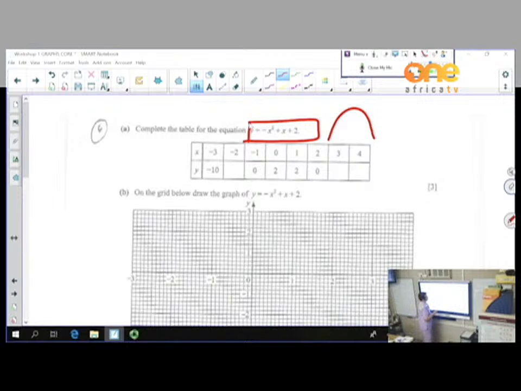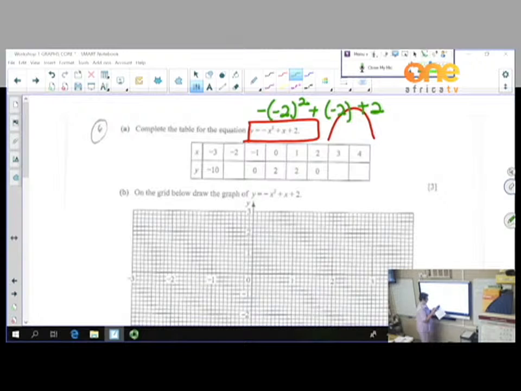We substitute. So if we substitute in here now, remember it's negative. And then negative 2 squared, look there, where are the brackets? The square outside, plus negative 2 plus 2. So again, let's take our calculators and press them.